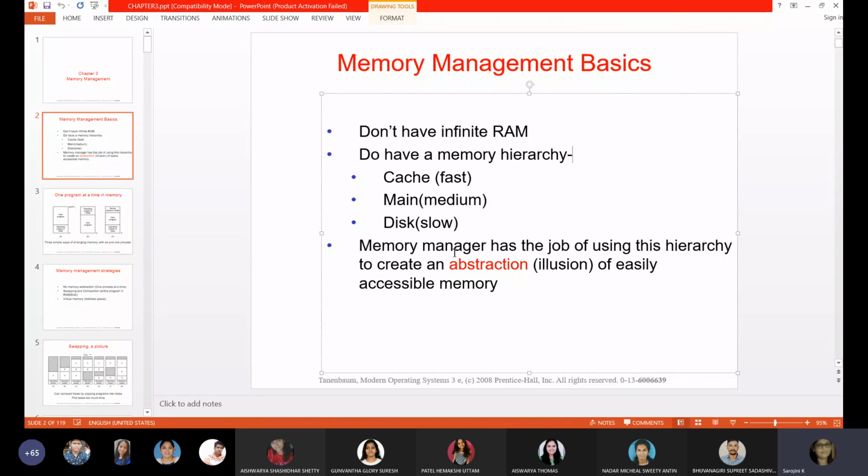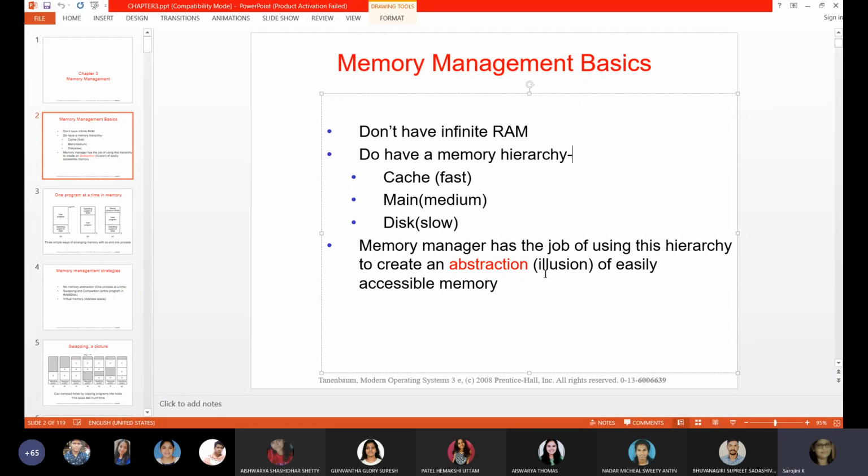But when you casually use the laptop, you will not think about different memories. Addresses are translated by the operating system through the memory manager, and you will not know. Everything is hidden. All the complexity is hidden by the operating system. That is called abstraction.